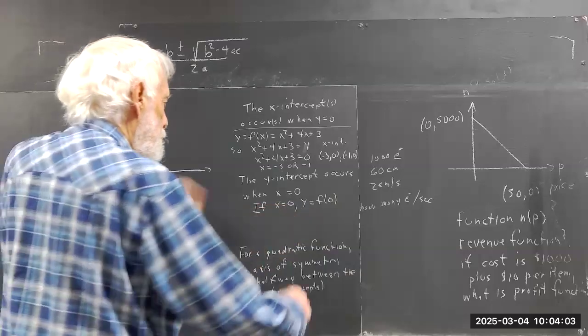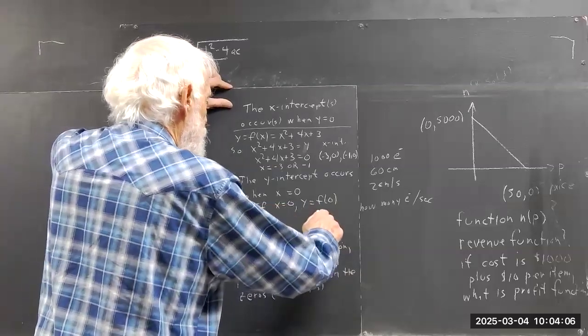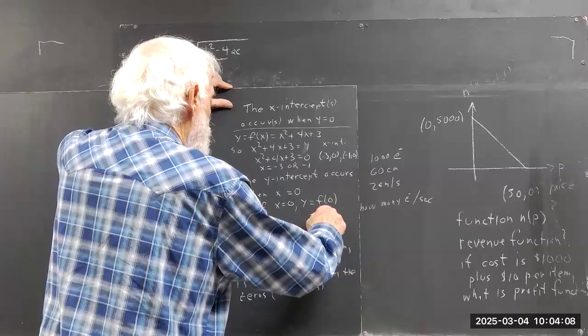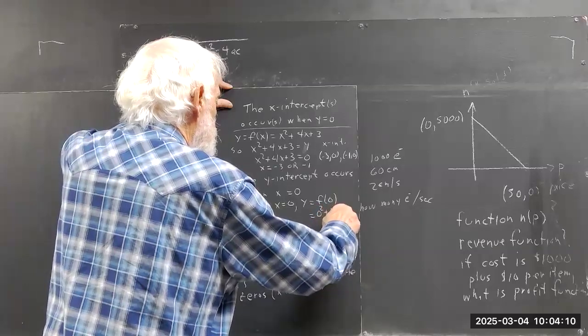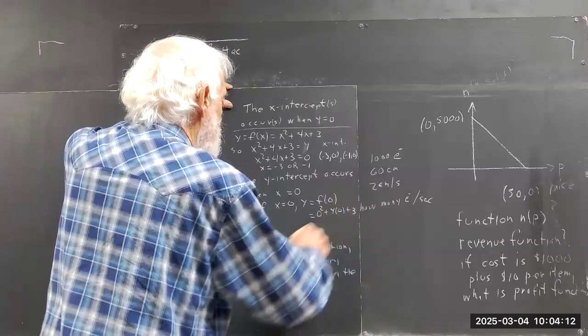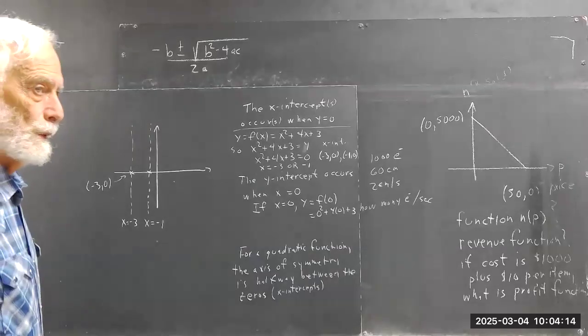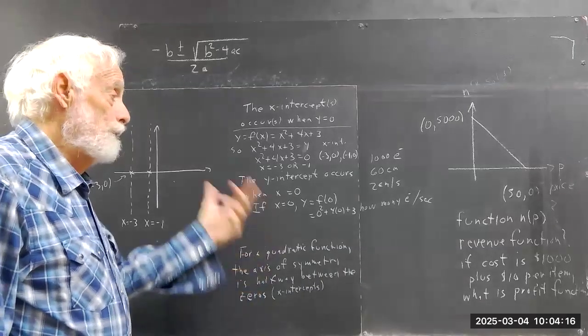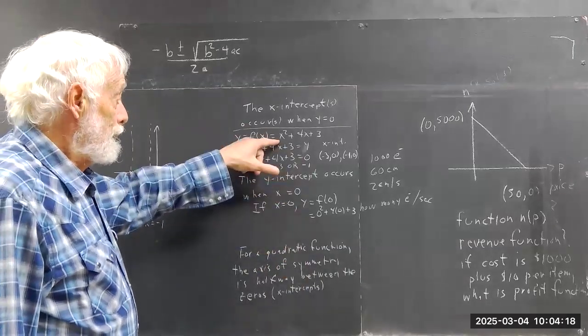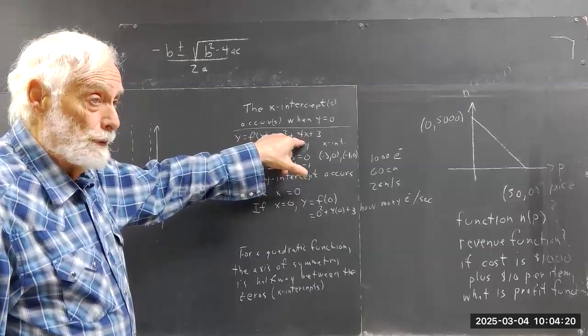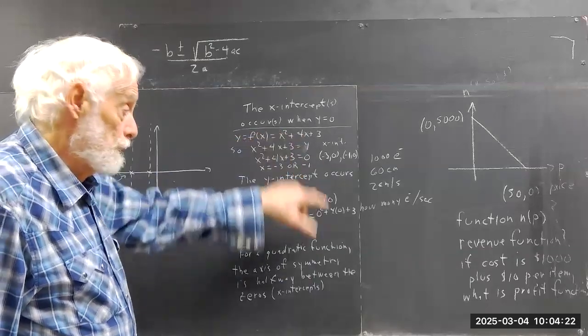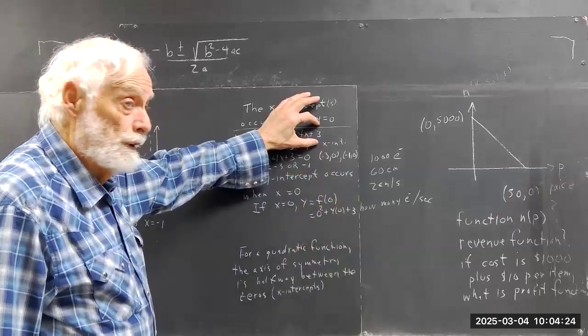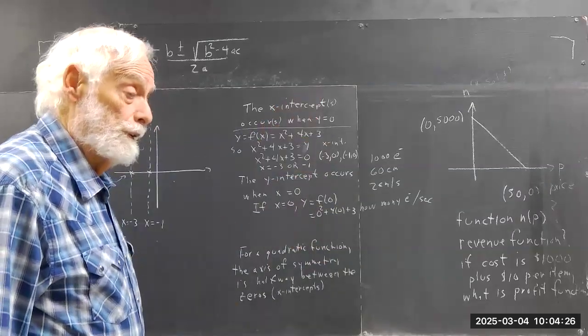And what's f of 0? 0 squared plus 4 times 0 plus 3. Well, that's going to work the same for any quadratic function. X squared and whatever number times x, your x squared and your x terms are going to be 0. You're just going to be left with that one term on the end.